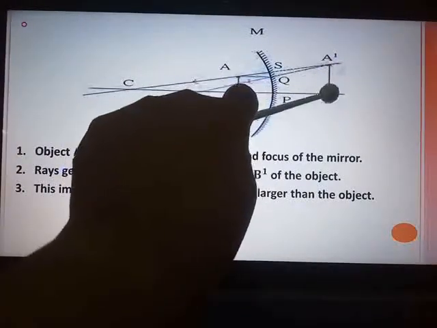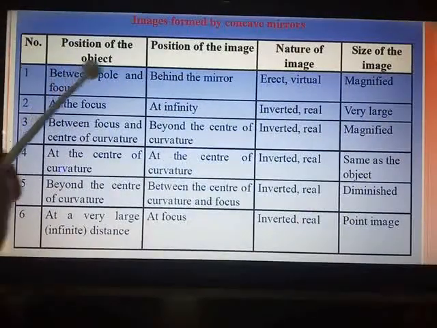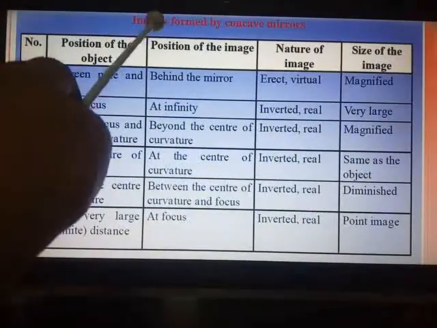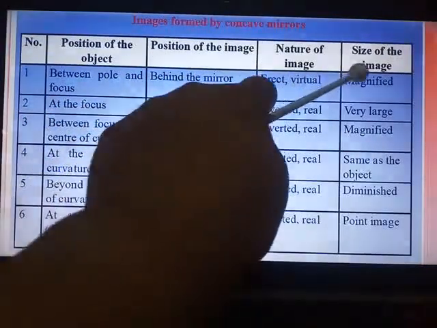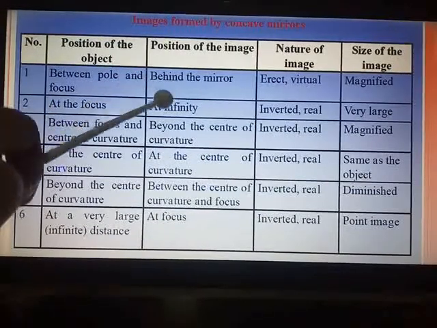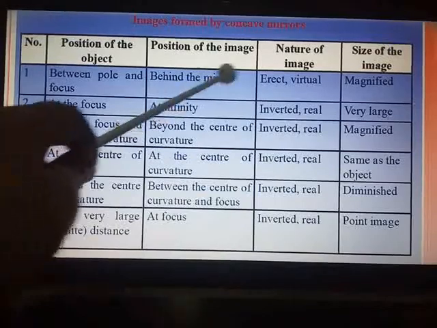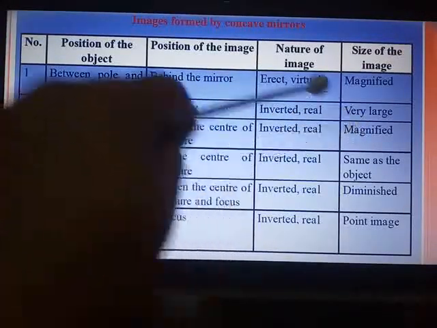You can see it is erect and magnified, larger in size, virtual. So the position of the image is behind the mirror, erect, virtual, and large in size, means magnified. When the object is at the focus, then the position of the image is at infinity. Inverted is the nature of the image and real, and the size of the image is very large.